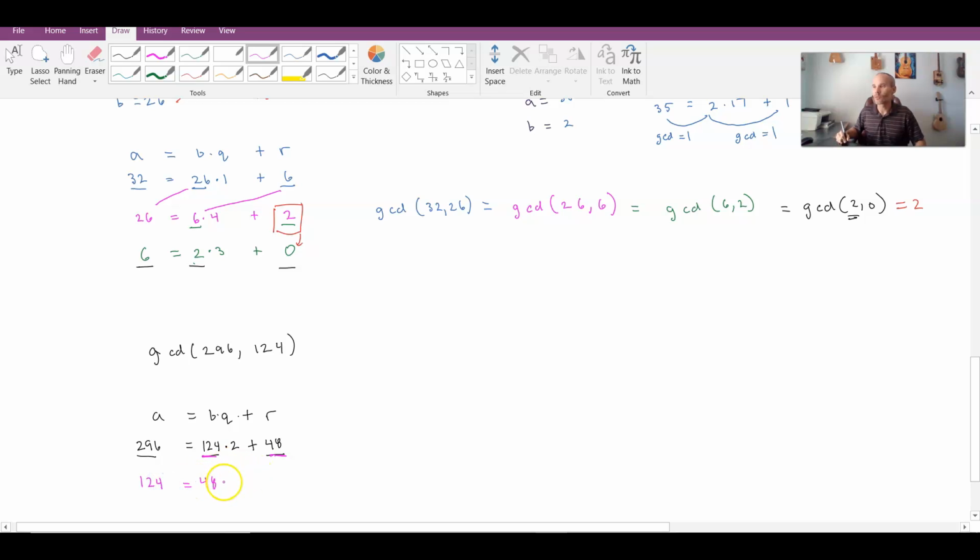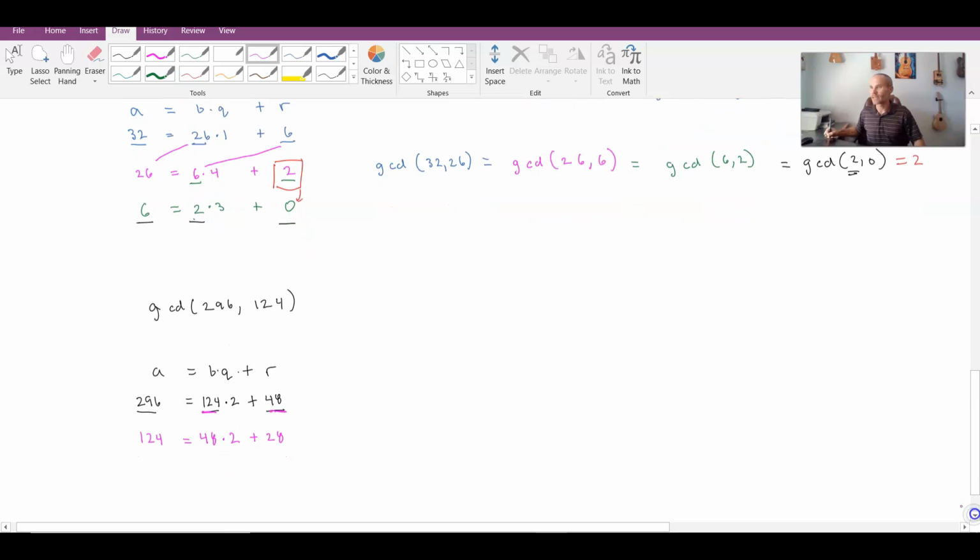So this number only goes in twice, forms 96, and that leaves me with a remainder of 28. So I'm going to repeat this process again, and the GCD between 124 and 48 is the same as the GCD between 48 and 28.